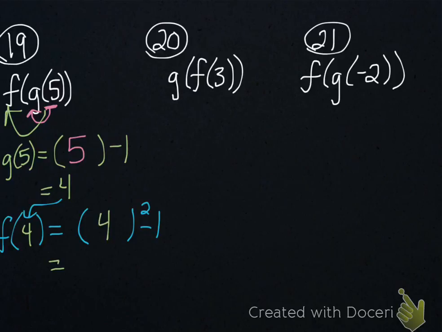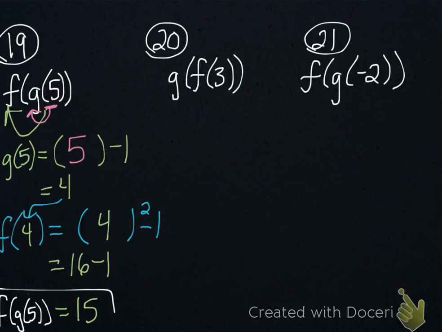So now I have 4 squared, which is 16 minus 1. That's just 15. So the f of 4 equals 15. Actually, we should write that differently. We should write this out as the f of the g of 5 equals 15. That's our final answer.